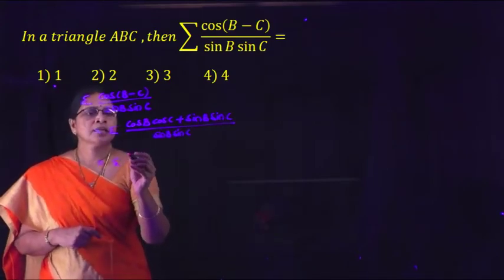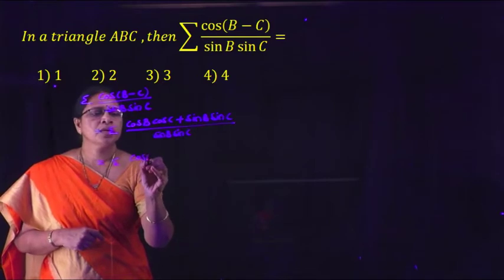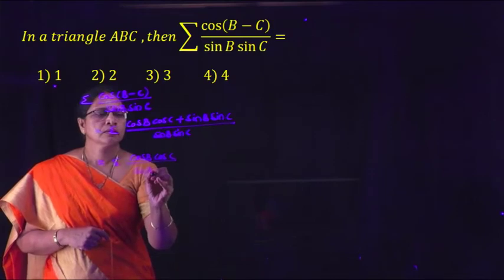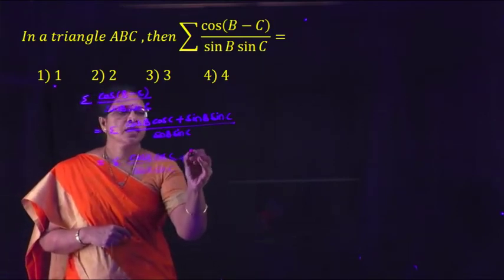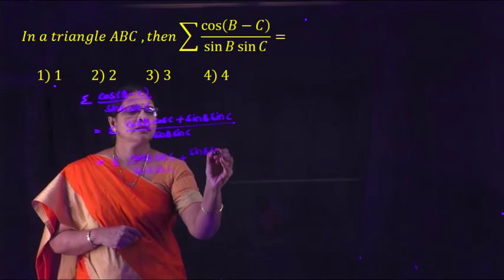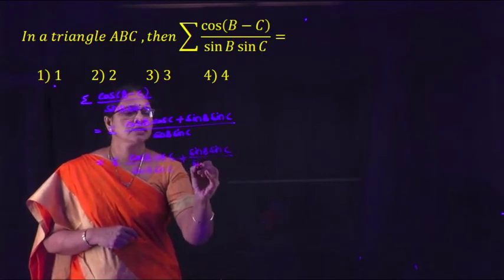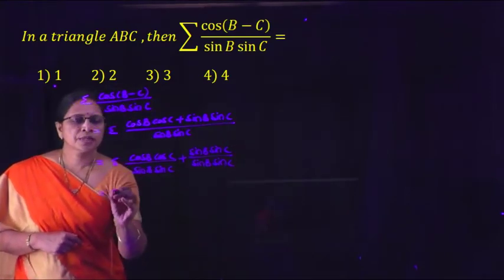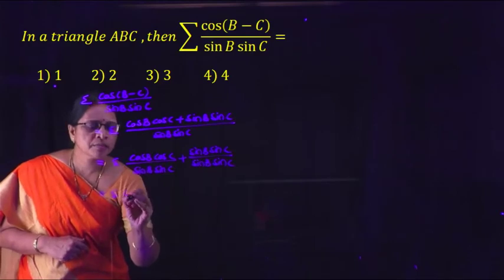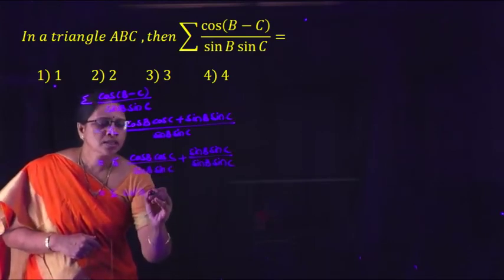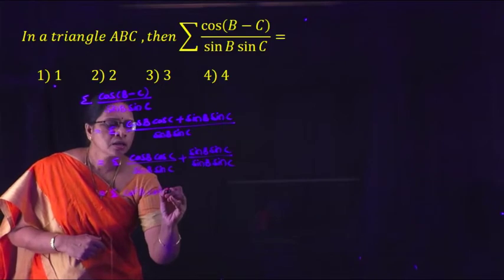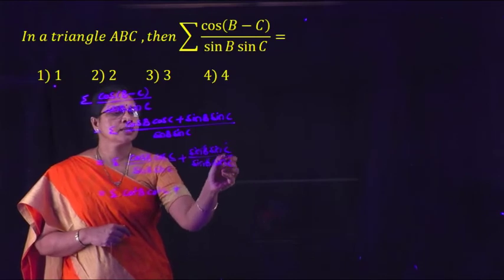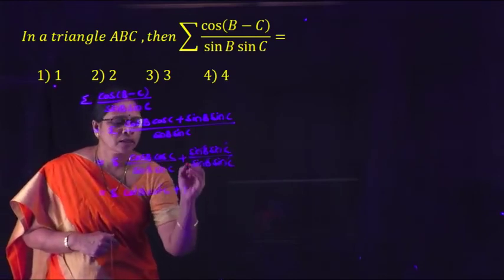Divide by sin b sin c, we get cos b cos c by sin b sin c plus sin b sin c by sin b sin c. That equals sigma. Here cos b by sin b is cot b, cos c by sin c is cot c, plus here sin b gets cancelled, sin c gets cancelled. We have 1.